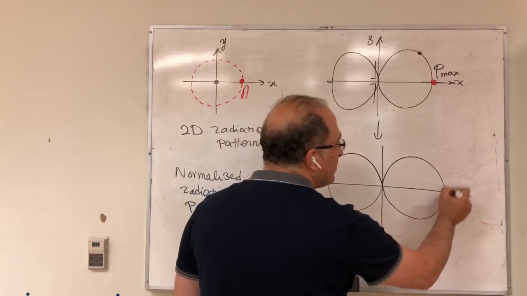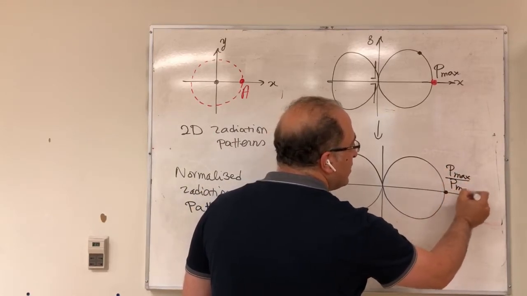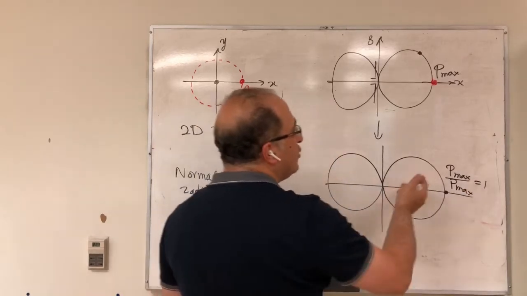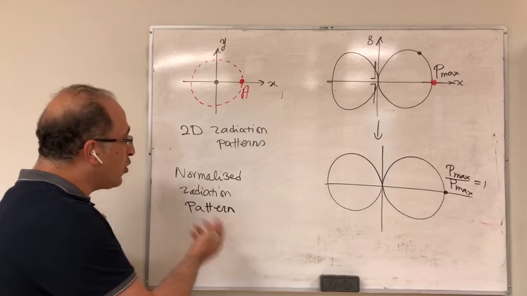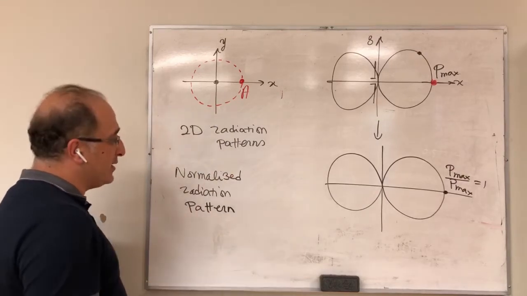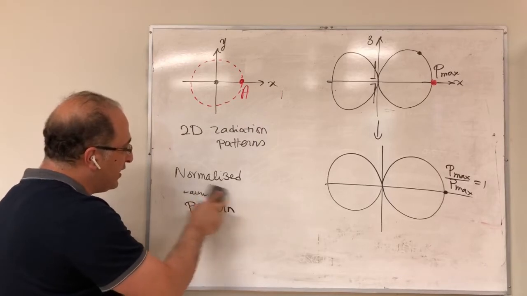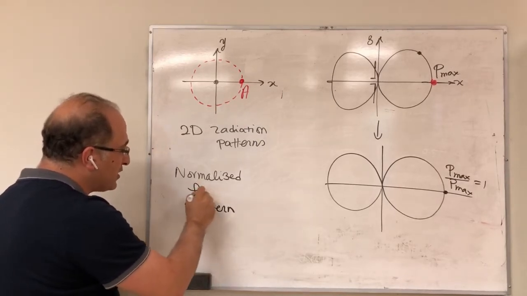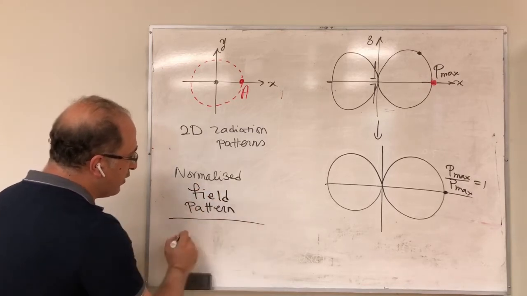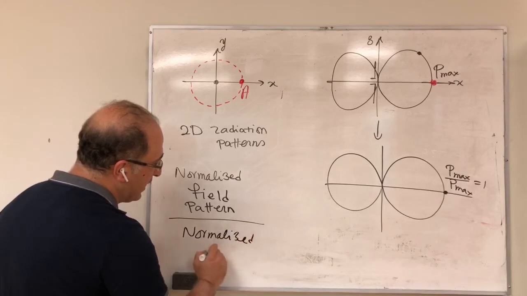This point, after normalization, becomes Pmax divided by Pmax, which is 1. Then you get your other points divided by Pmax, and you get the normalized power pattern. I can ignore the word radiation because we know it's going to be radiation. So the first one was the normalized field pattern, and the new one is the normalized power pattern.